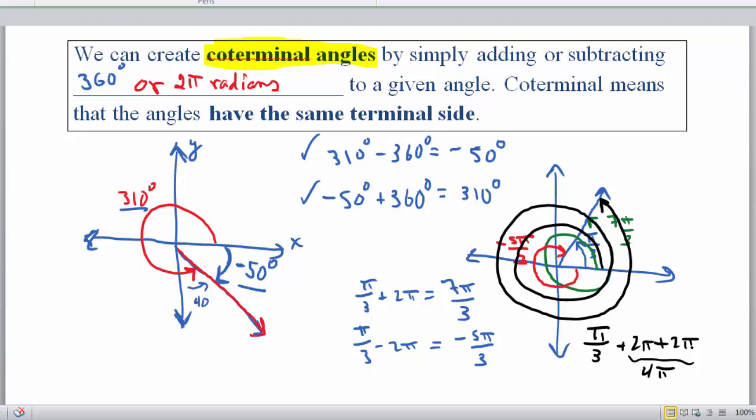And that angle there would actually be 13 pi over 3, because it's 12 pi over 3 plus another pi over 3. Right? So I can create an infinite number of coterminal angles.